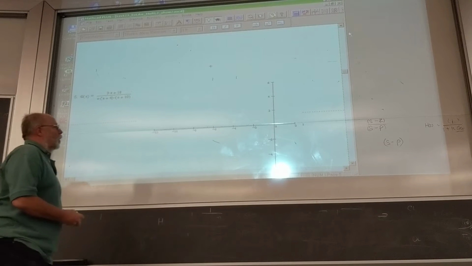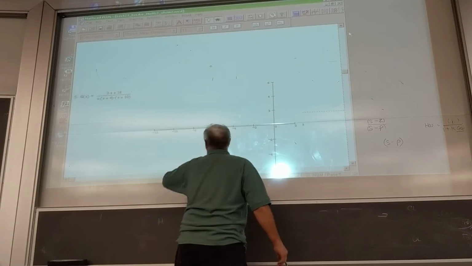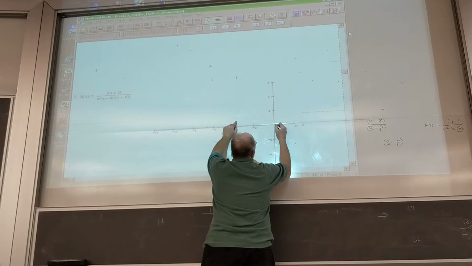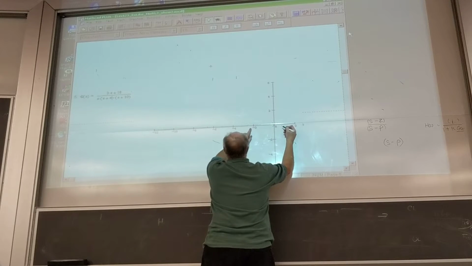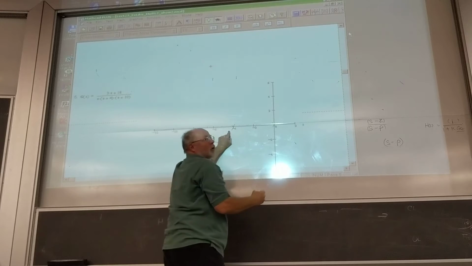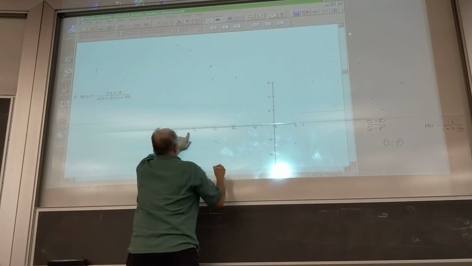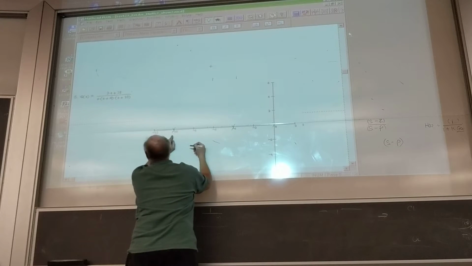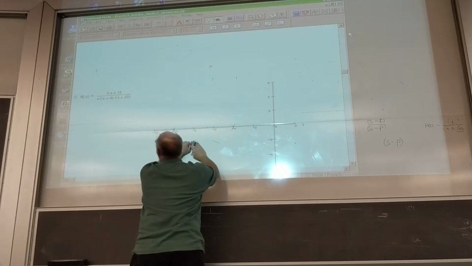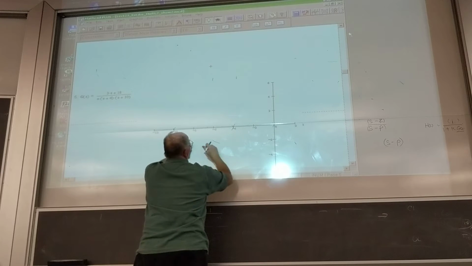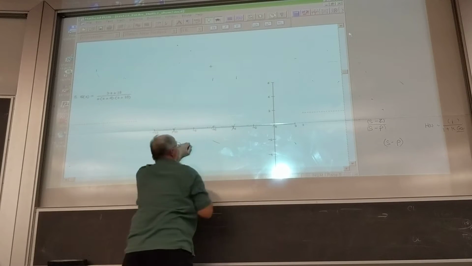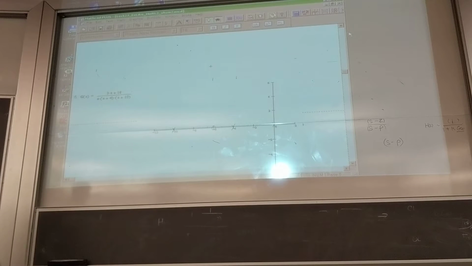Tell me, do I know where the poles and zeros, the open loop poles and zeros are? One there. One at -4. One at -10. Is there a 0? Yeah, -6. About -6 right there. There's my open loop poles and zeros.